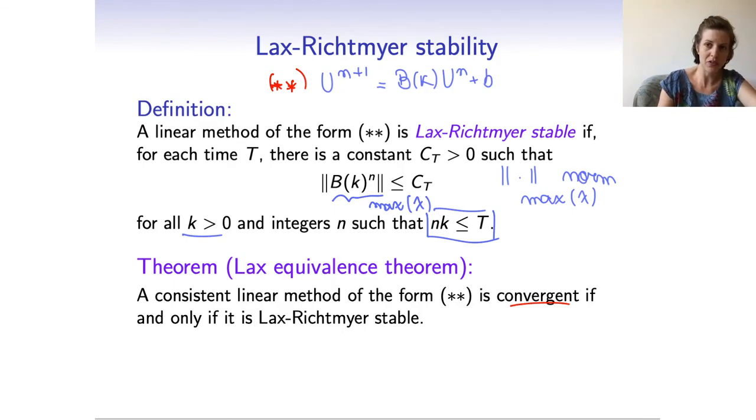So this theorem is very strong if you think about it. It means that you don't need to prove consistency. It means that Lax-Richtmyer stability implies convergence, and the other way around, convergence implies Lax-Richtmyer stability.